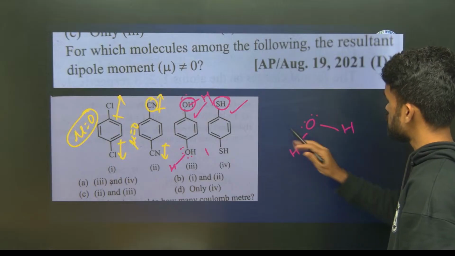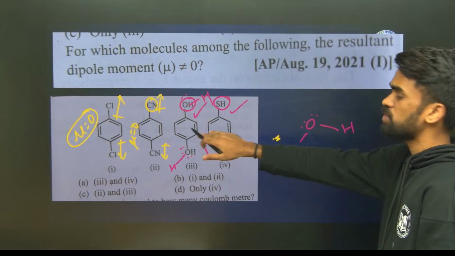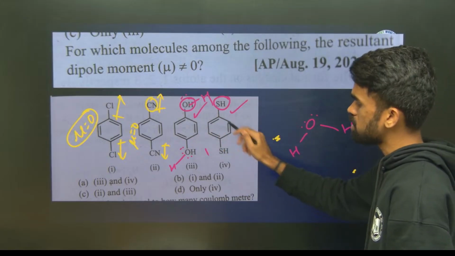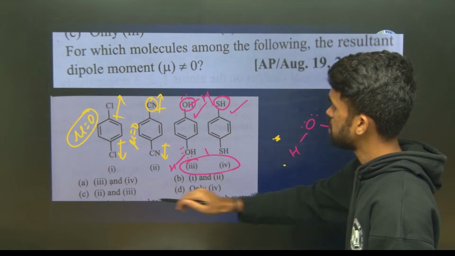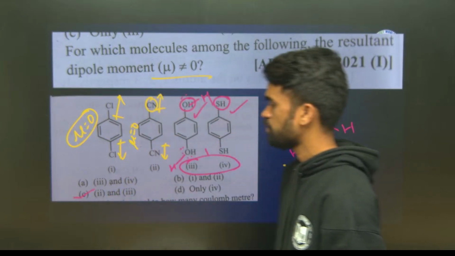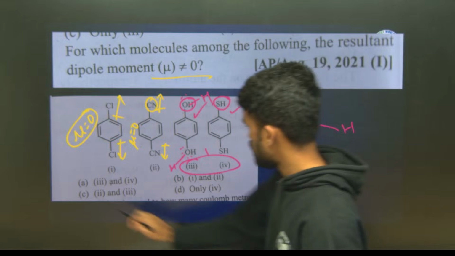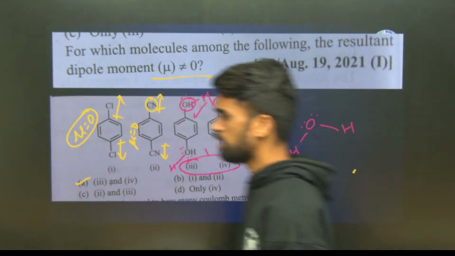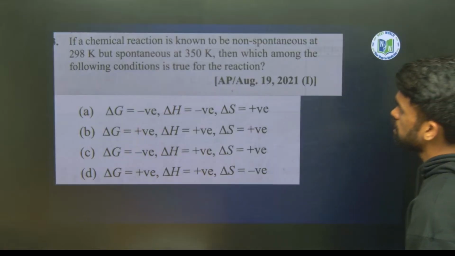So similar to this, just remove one hydrogen and replace it with a benzene ring. Okay, you are going to get compounds like this. So they are non-zero in 3 and 4 and 0 in 1 and 2. So you can go with the non-zero option as C, 3, 4 as your answer, right? Yeah, let us move forward.